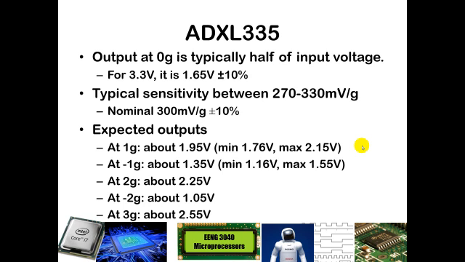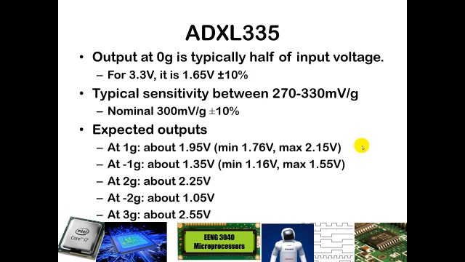There is a sensitivity, which is expressed as a voltage on top of or below the 0G voltage in response to the acceleration due to gravity. So if a particular axis is experiencing 1G, then it will add or subtract nominally 300 millivolts, but that also has a 10% tolerance on it.